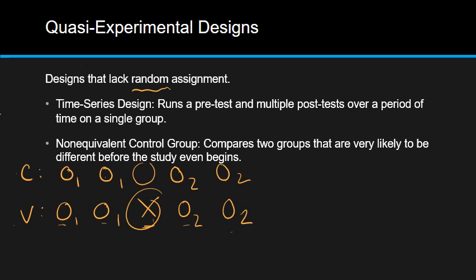Well, if one of them is the honors course and one of them is Miss Scott's class, there's probably going to be natural differences between these two, right? Because one's the honors course. That's going to be self-selected, go-getter students, whatever. And Miss Scott's class is probably going to have normal students in it, okay?